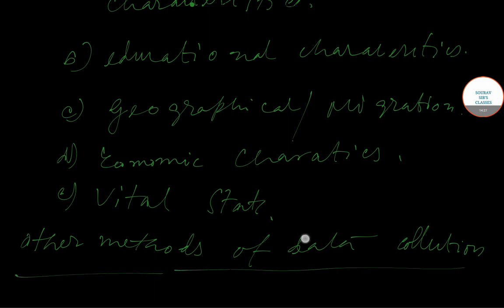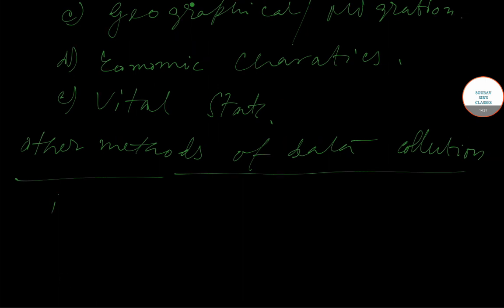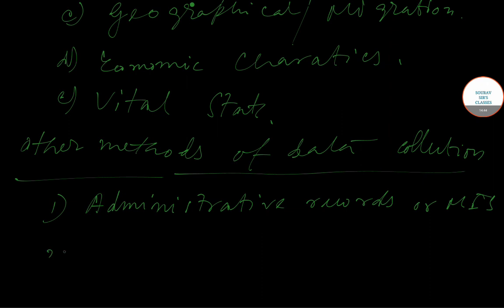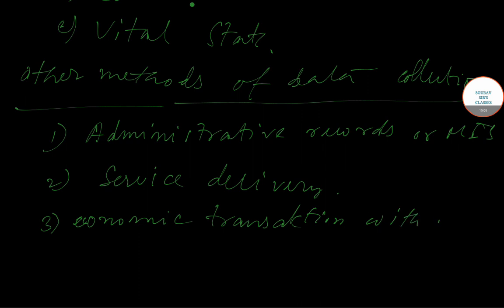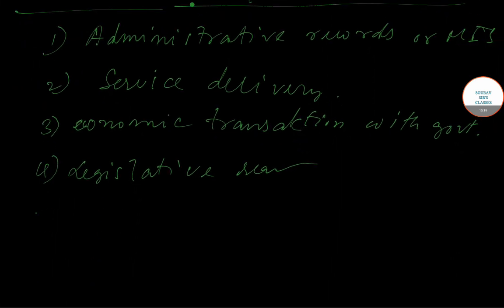Those other methods are administrative records and MIS: service delivery, economic transactions with the government, legislative requirement, remote sensing, and finally participatory methods.